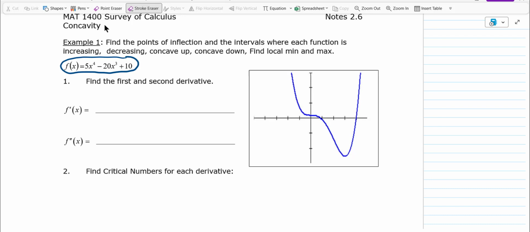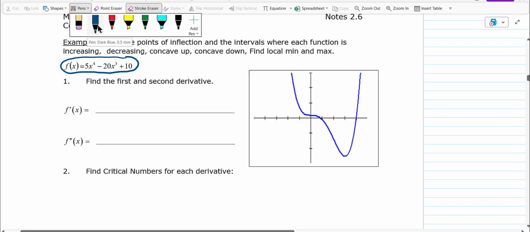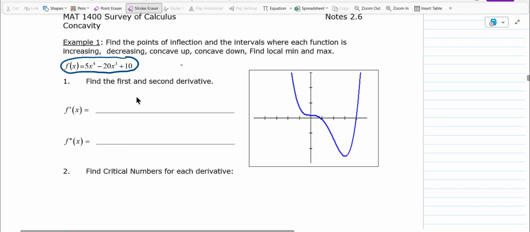We're going to analyze where it increases and decreases like we learned, look at where we have max and min like we learned, and then look at concavity now. So let's do the derivatives first. The first derivative is 20x to the third minus 60x squared. We're not going to do anything with that yet. We'll work with that in a minute.